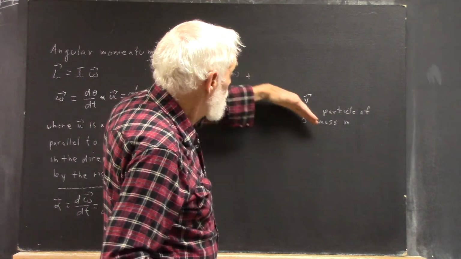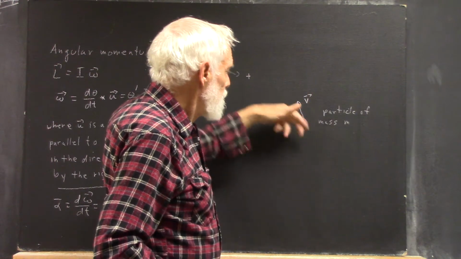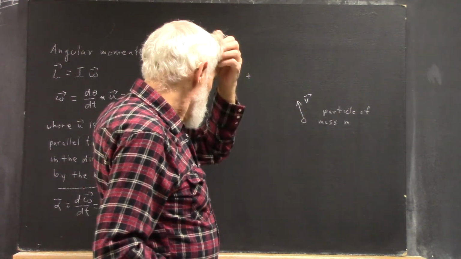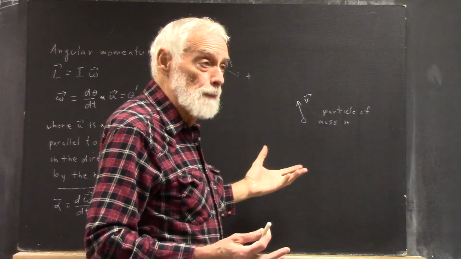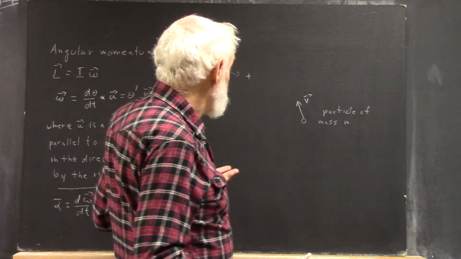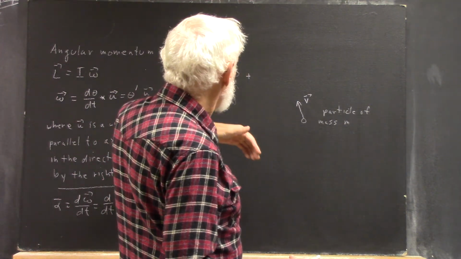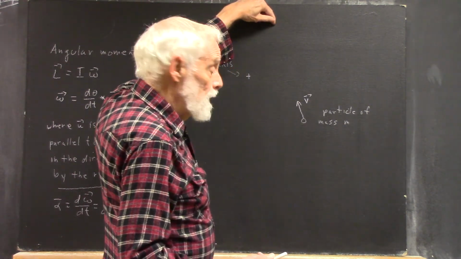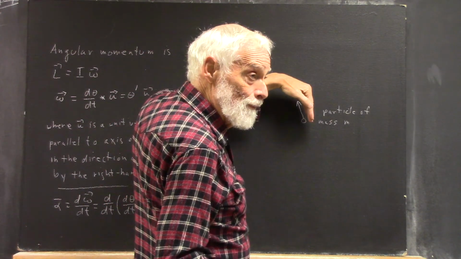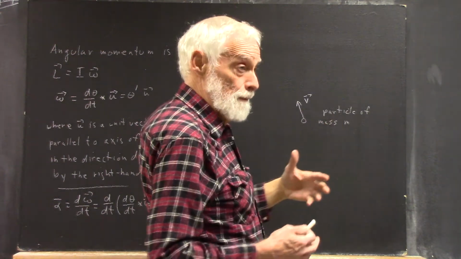Well, then the beam would be in this direction, and the velocity would not be perpendicular to the beam, okay? So that model wouldn't hold. The moment of inertia would not be mr squared. Matter of fact, if the axis was out here, this thing would have no moment of inertia because it's just going to hit the beam and go on.